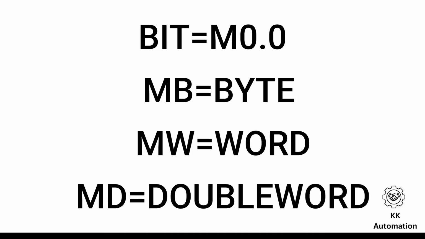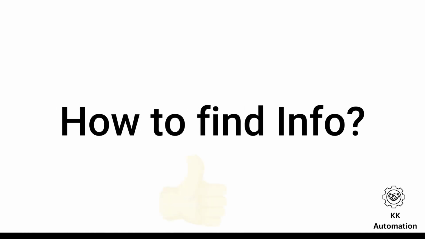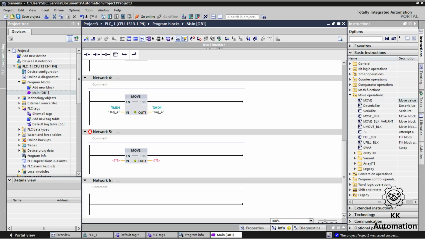How to find information. This can feel like a lot to remember, but here's the most important thing. You don't have to remember it all. If you are ever in your programming software and are unsure what a data type is or what its range is, you can almost always use the help function. Just click on the data type you're curious about and press the F1 key.